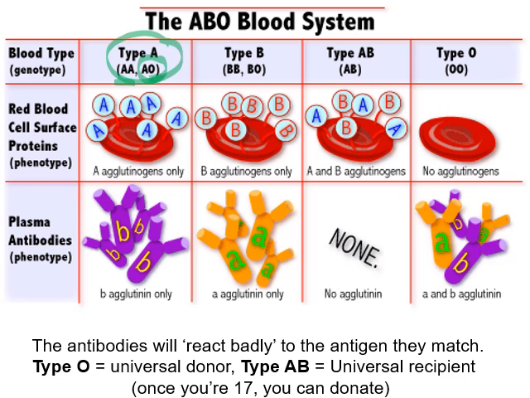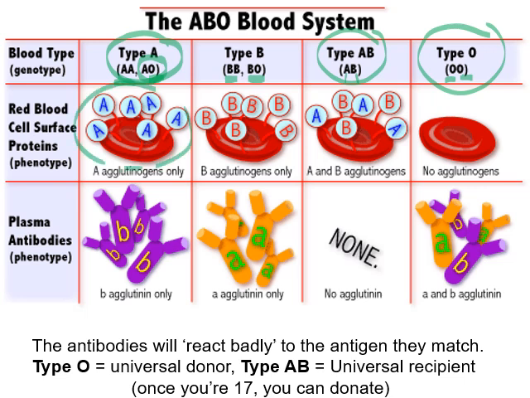If you're type B, it's the same thing. You either have 2 versions of the B, or 1 version of the B and 1 version of the O gene. You could be type AB blood, in which case you have 1 of the A versions and 1 of the B versions, or you could be type O blood, in which case you have both copies of the O gene.